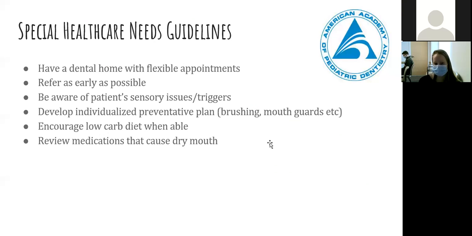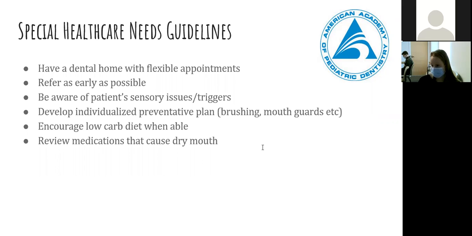So the Bright Futures guidelines can be used for all children, but there are also specific guidelines for kids with special healthcare needs. These are put out by the American Academy of Pediatric Dentistry, and they have a few key points. One is that these kids have a dental home with flexible appointments, that you refer them to a dentist as early as possible, that all providers are aware of a patient's sensory triggers and issues, and that the dentist develops an individualized preventative plan based on each child's needs.